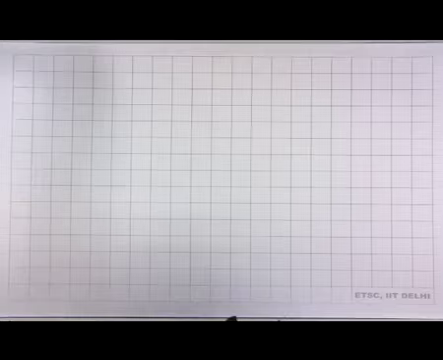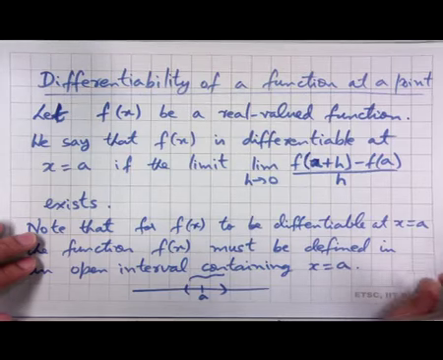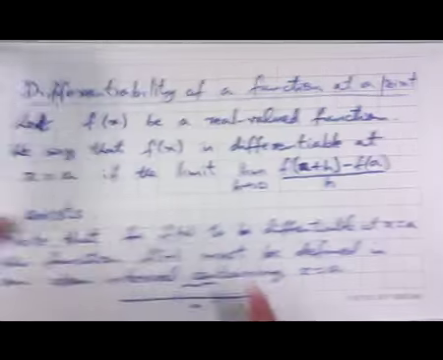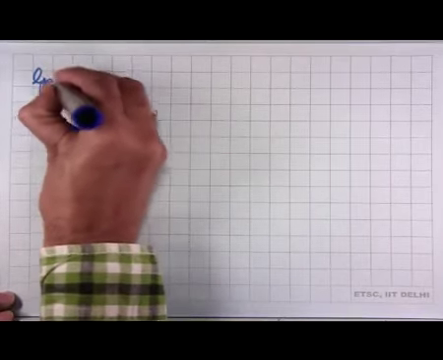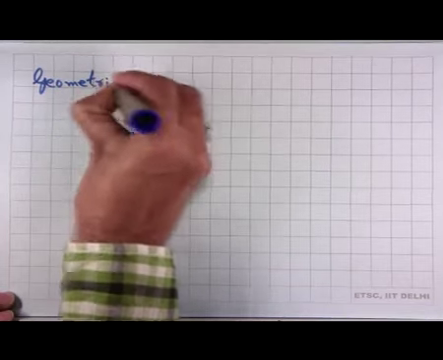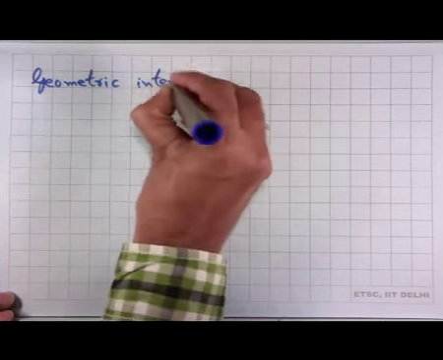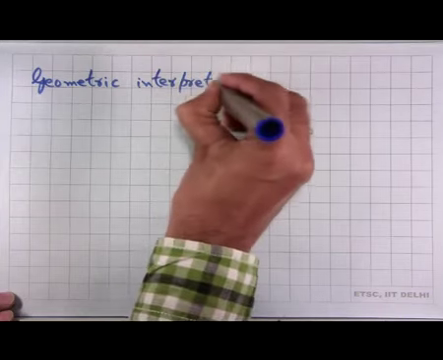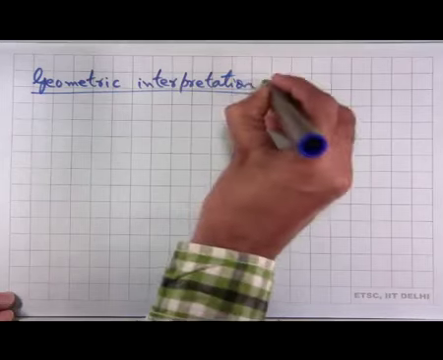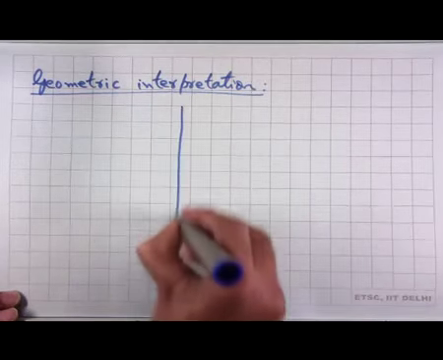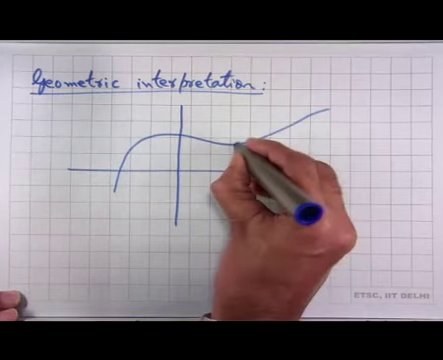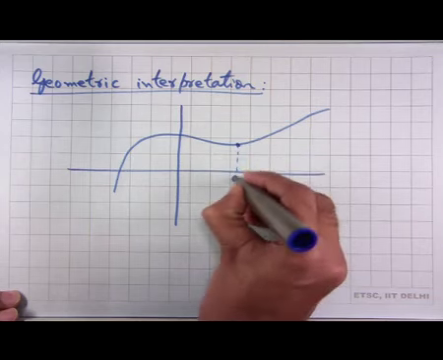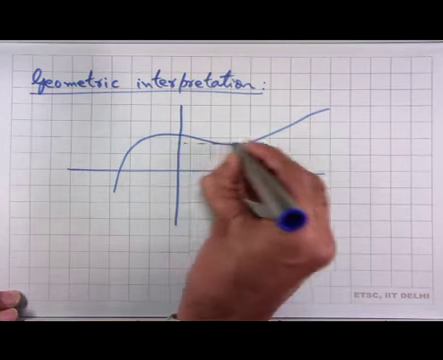Now, let me explain what this ratio f of a plus h minus f of a by h is. If you look at the graph of the function, let me write the geometric interpretation. Let me draw a function, and let me take this point to be x equal to a. So, this is f of a.